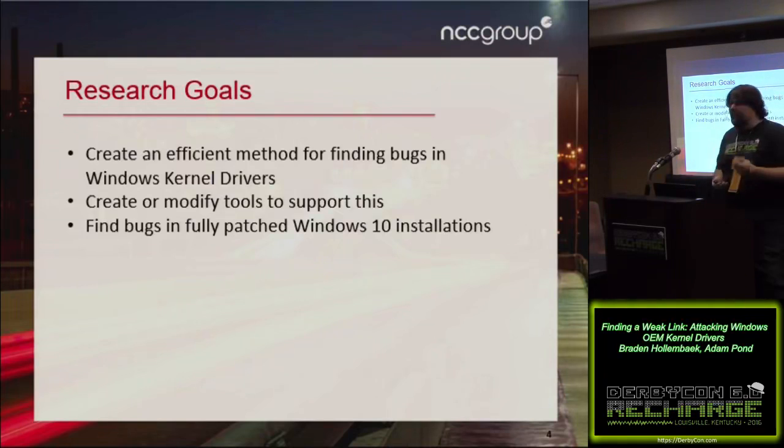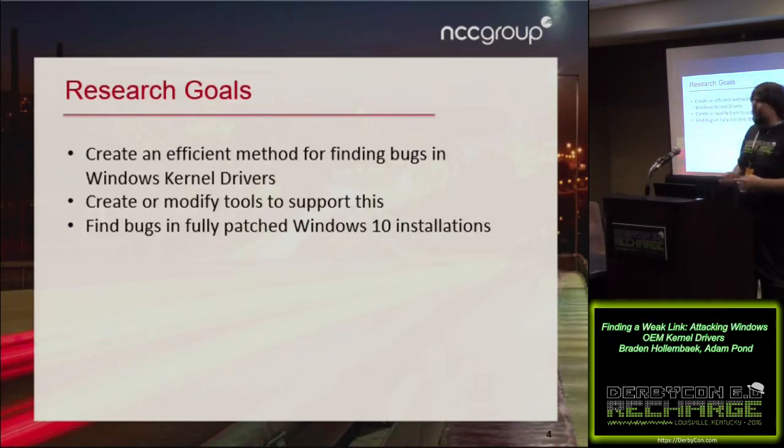In order to realize that goal, we knew that we were probably going to have to either create some new tools or modify some existing ones. And then finally, of course, no methodology matters if we don't have any bugs. So we wanted to make sure that we were specifically going to find bugs in fully patched Windows 10 installations.